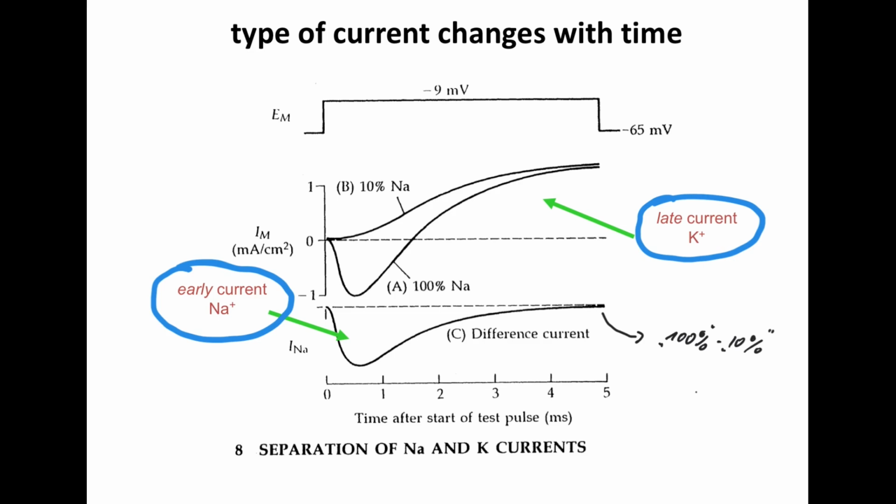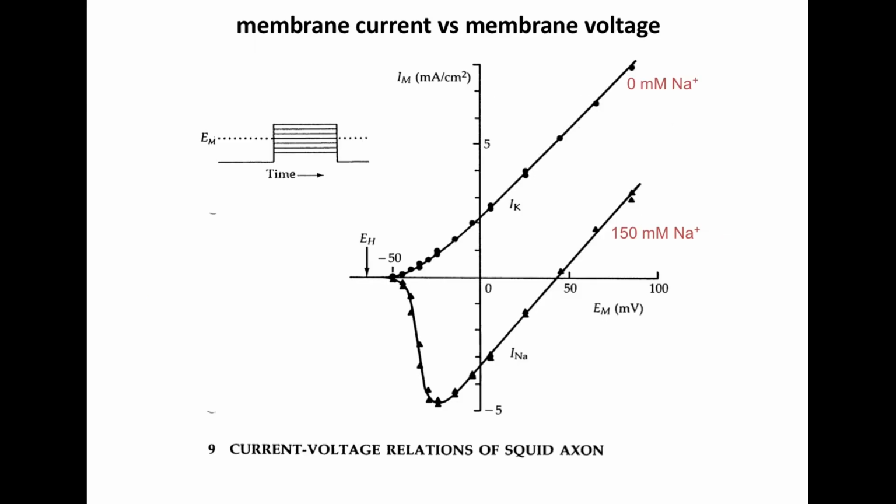Now, having the split between early sodium current and late potassium current, we can check how those currents behave as a function of the applied membrane potential.